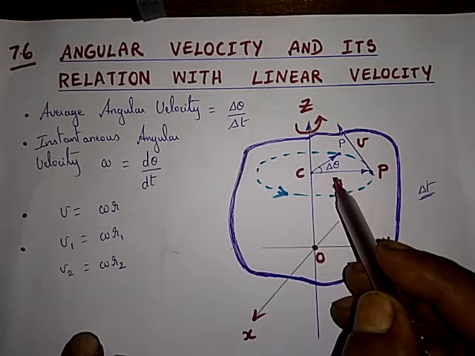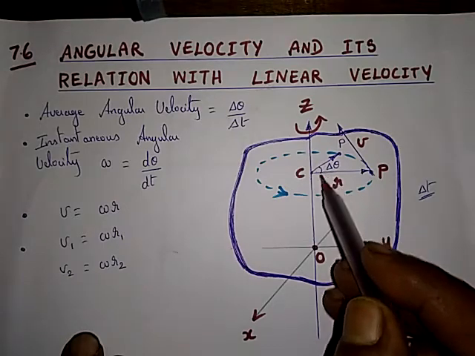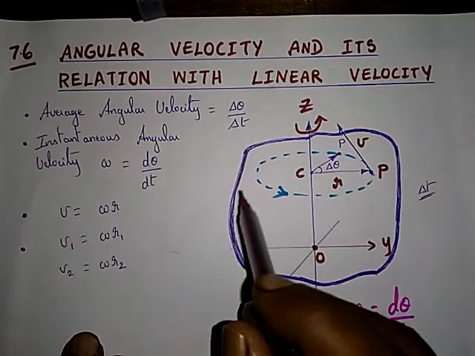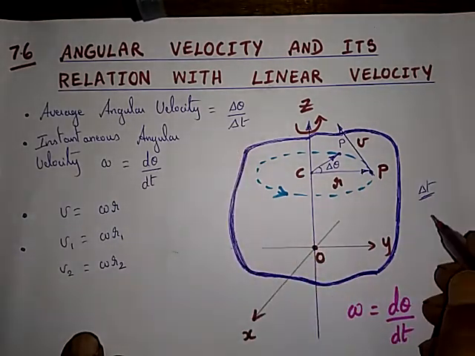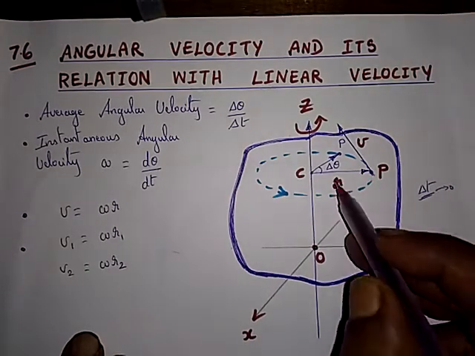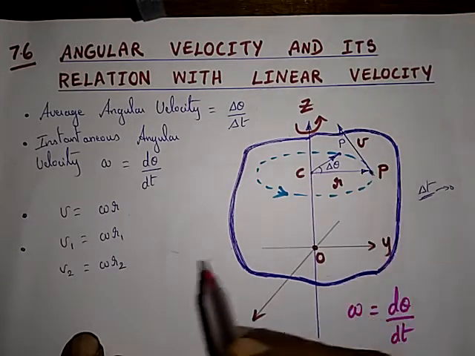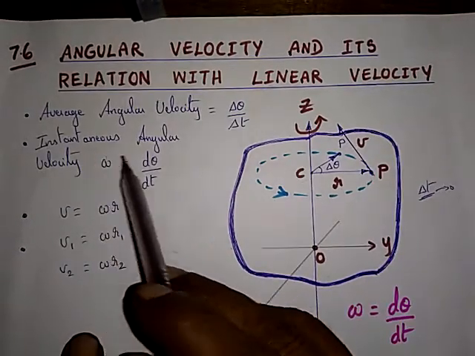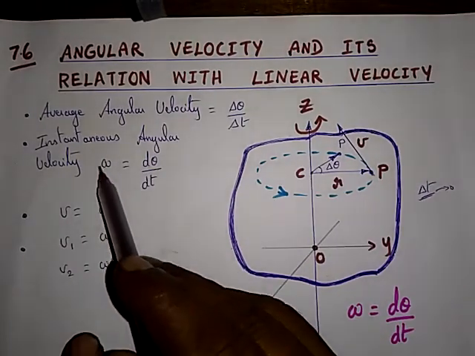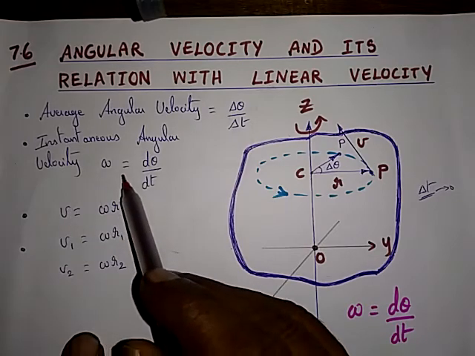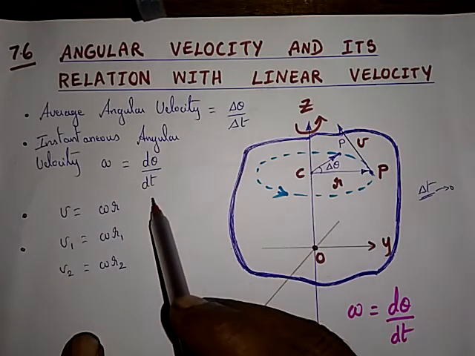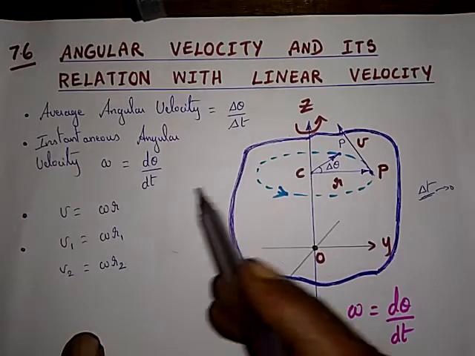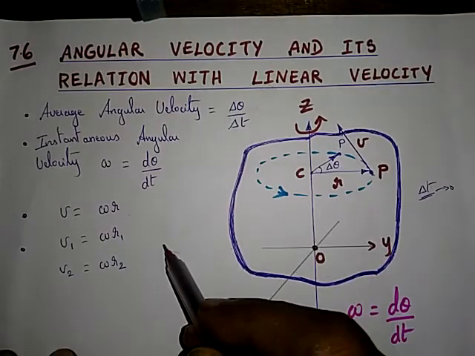Now when del theta tends to 0 or del t tends to 0, that means a very negligible time, the instantaneous angular velocity, which is omega, is equal to d theta by dt, the rate of change of this angle theta.